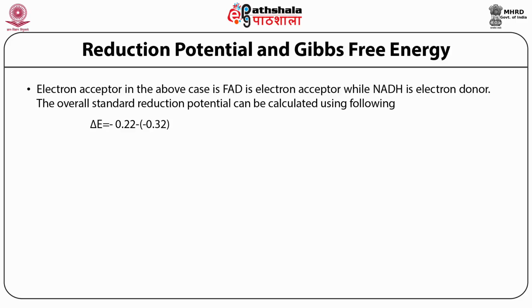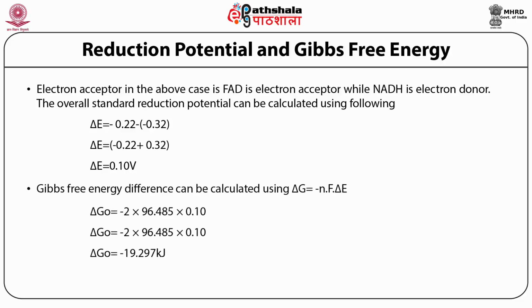So either you can directly calculate the difference using the second equation, where delta E is equal to minus 0.22 plus the oxidation potential of NADH, or you can calculate using both reduction potentials, where delta E is equal to minus 0.22, which is the reduction potential of FAD, minus the reduction potential of NADH.